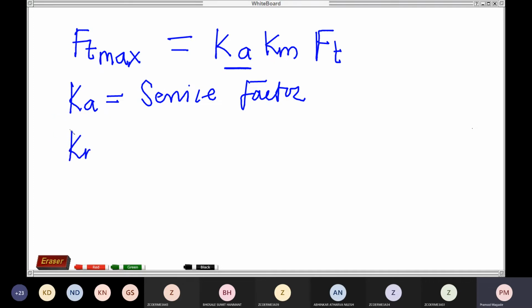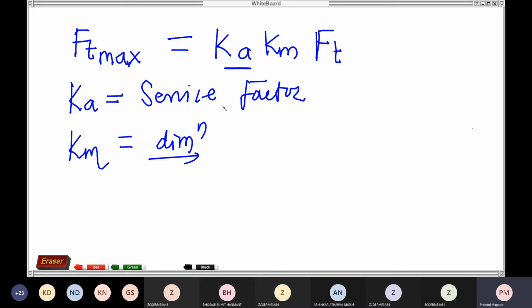Then Km. Km is called the load distribution factor. It depends on the dimensions of the application or component. It is again 1.5, 2, and so on. Again a chart is given, with entries like less accurate gears, less rigid mounting, less than full length.